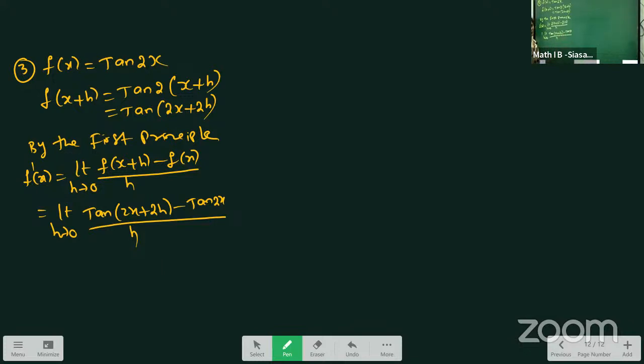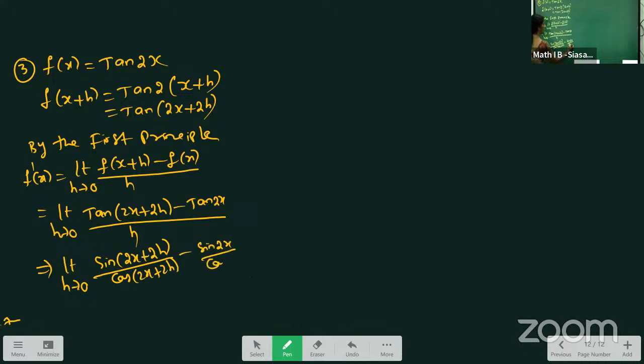We don't have the tan C minus tan D formula, and we don't have tan A minus tan B also. So what to do? Better to convert them into sine and cos. We know tan theta is sine theta by cos theta. So limit h tends to 0, tan of 2x plus 2h is sine of 2x plus 2h by cos of 2x plus 2h, minus tan 2x, which is sine 2x by cos 2x, whole divided by h.